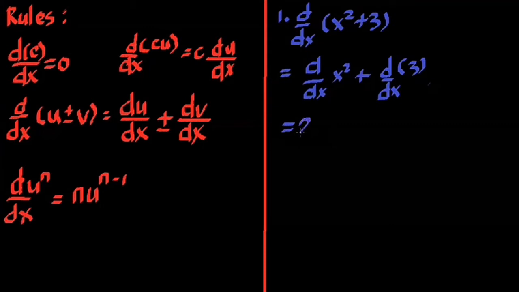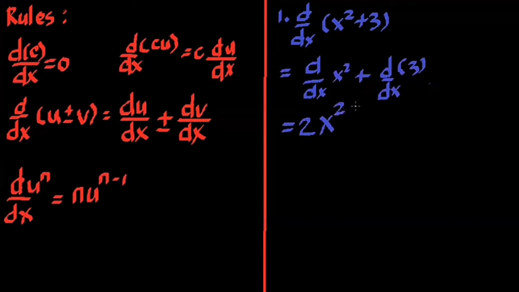So copy 2, then copy our base, which is x, and the exponent of 2 minus 1, since we have n minus 1 here, plus the derivative of our constant, which, as stated, is always 0. So we have here plus 0. So our final answer would be 2x. And that's it.